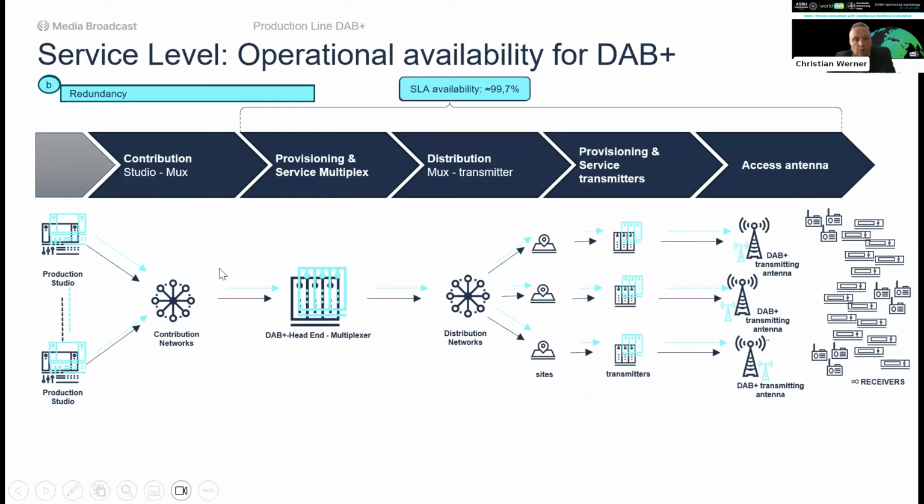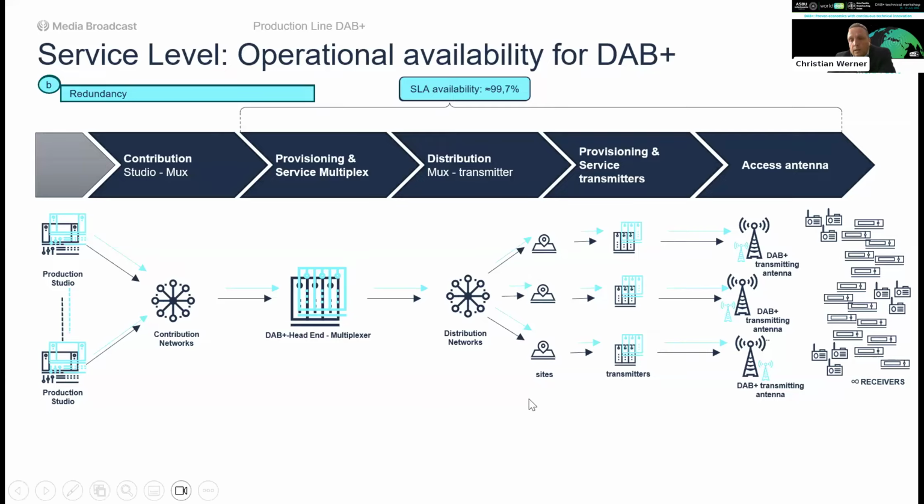In Germany, we are using for our multiplexers at Media Broadcast 4 different head ends, and we have installed them on 2 different locations so that you are safe from weather conditions or from other hazards, let's say.